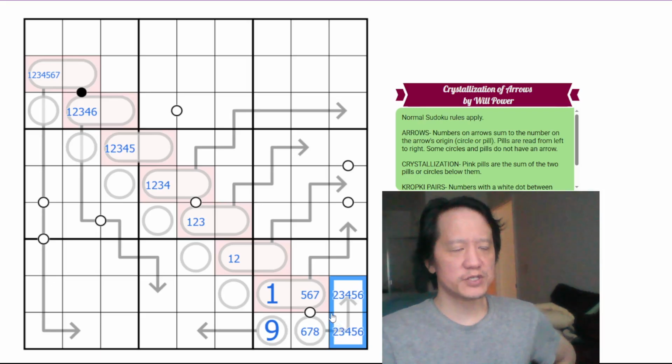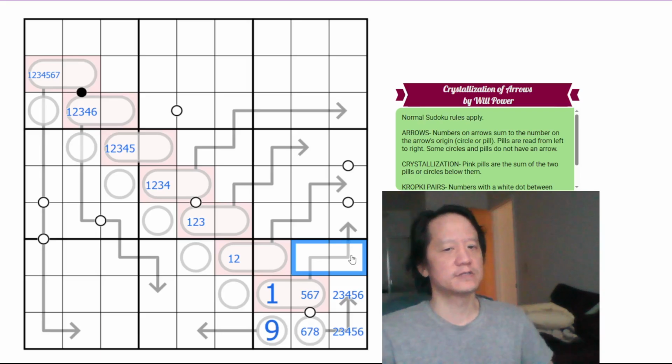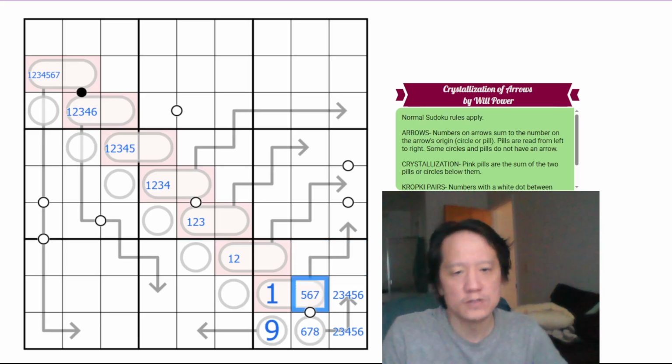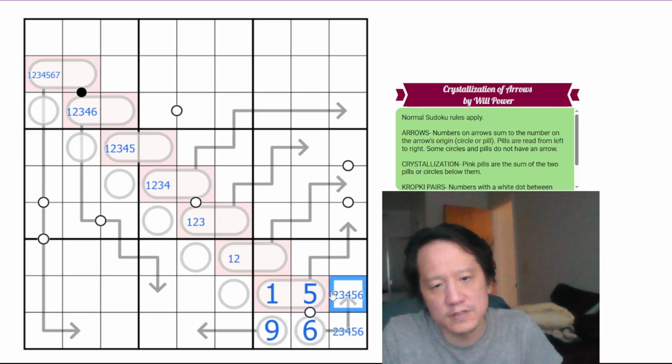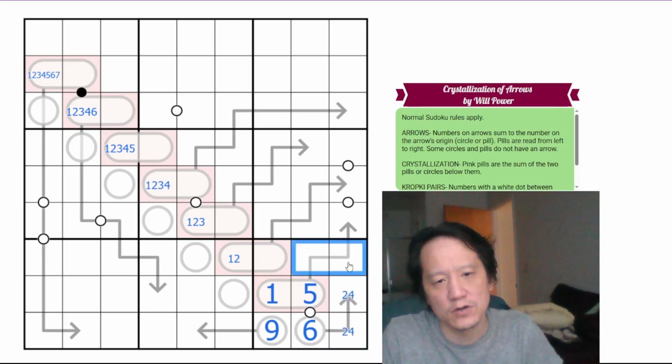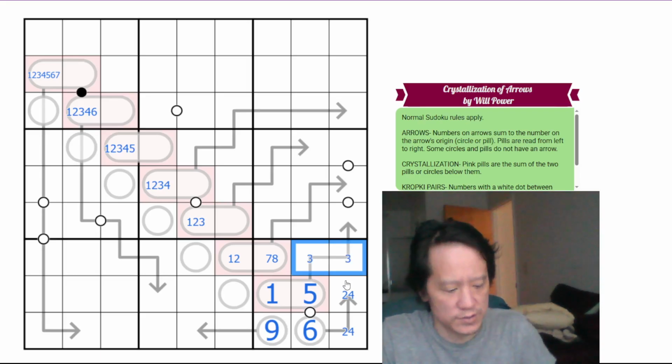So we'd be missing 3, 7, and 8. Well, this can't be 7 or 8 by itself. So say we had 15, 6, this is 6, this is 2 and 4. You can't have 7, 8 here, so 7 or 8 is here. This is 3 with 7 or 8.